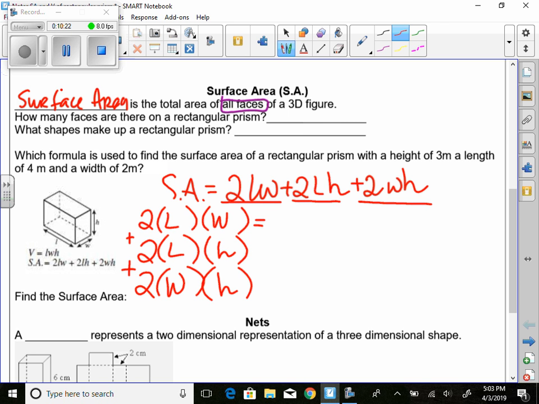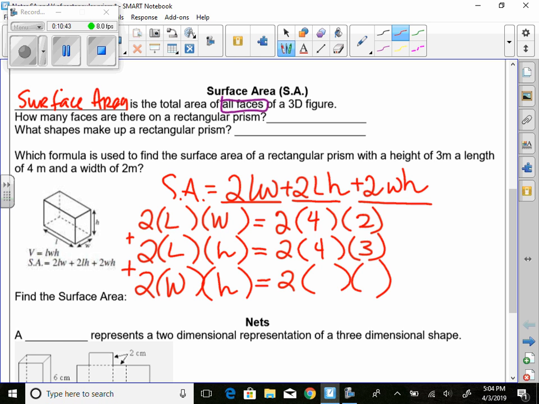Again, replace your values. 2 times length, which was 4, and the width was 2. Then 2 times length, which was 4, and the height was 3. And the last one, 2 times width, which was 2, and the height is 3 meters.